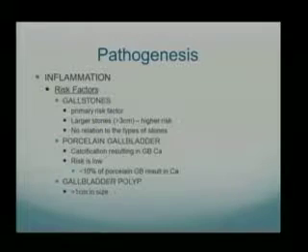Pathogenesis essentially is that inflammation is the root cause of this, and there are some risk factors, essentially 3. Most important is gallstones. That's the primary risk factor. Larger stones, usually greater than 3 centimeters, will carry higher risk of malignancy, so that's important.